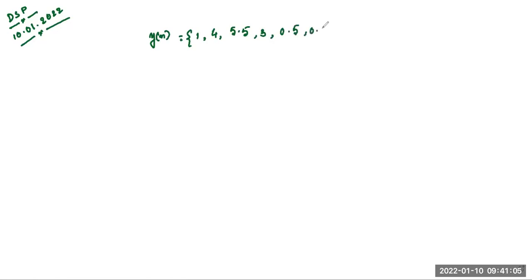If we take the previous example, the output sequence will be y of n equals 1, 4, 5.5, 3, 0.5, 0.5, -1.